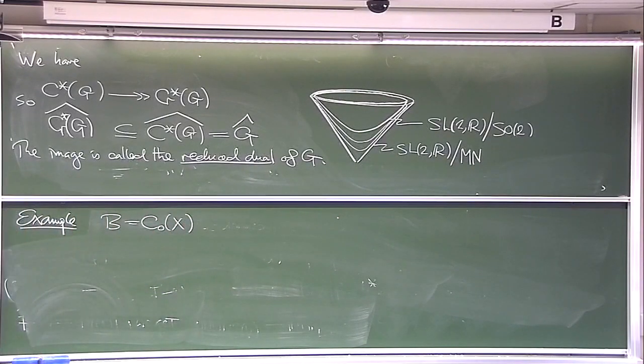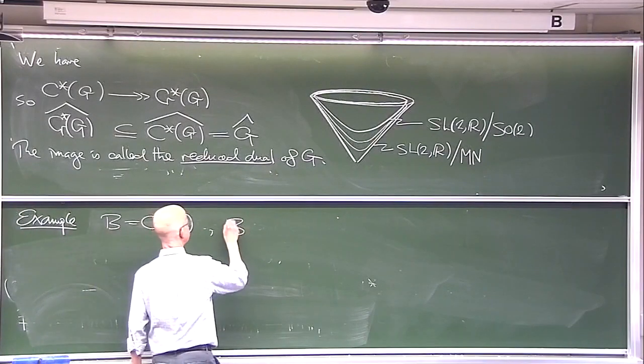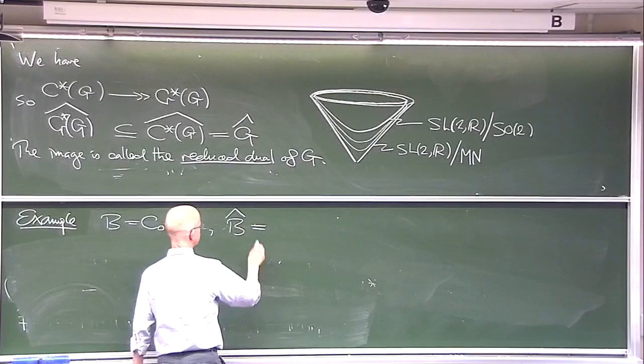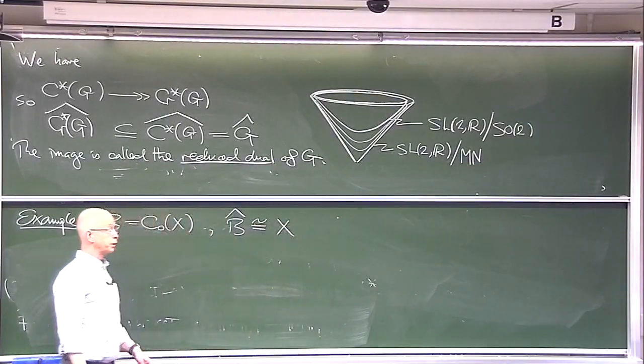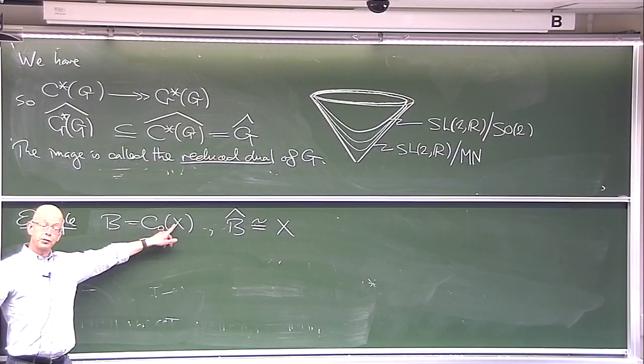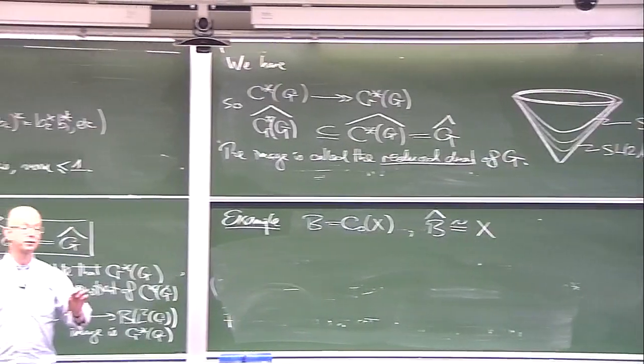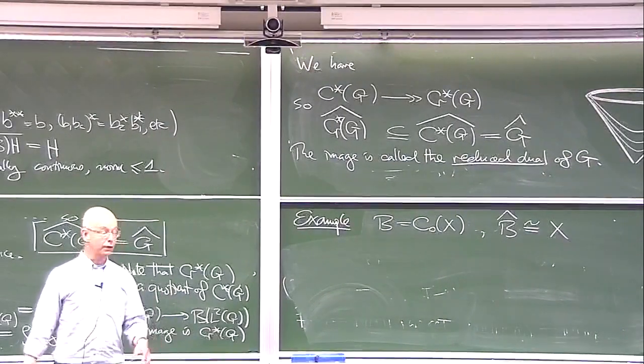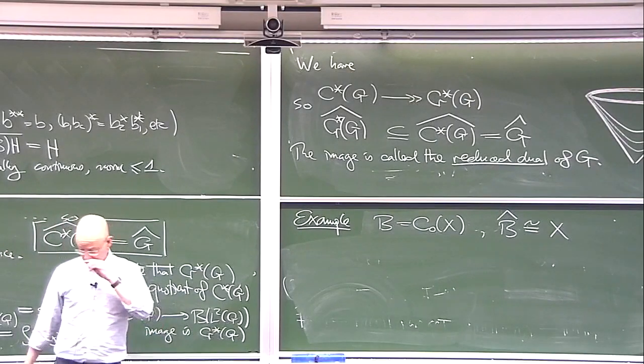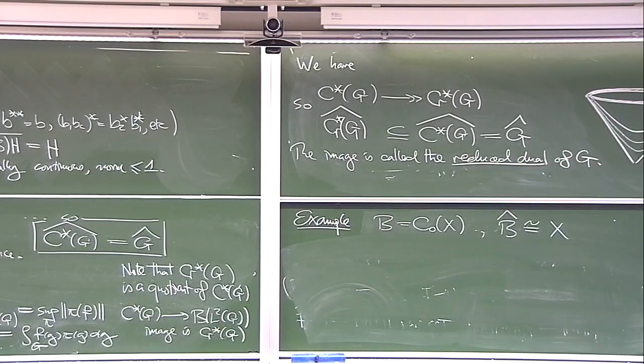I have a topological space, a locally compact space X, and I look at the C-star algebra B of all continuous functions vanishing at infinity on X. Then it's a famous theorem that you can reconstruct X by taking the spectrum of B. The only possible ways of getting irreducible representations of this C-star algebra are to pick a point in X and look at evaluation at that point, which gives a homomorphism to the complex numbers, which is the algebra of all bounded operators on the complex numbers. All right. Oh yeah. So now let's go back to compact groups.